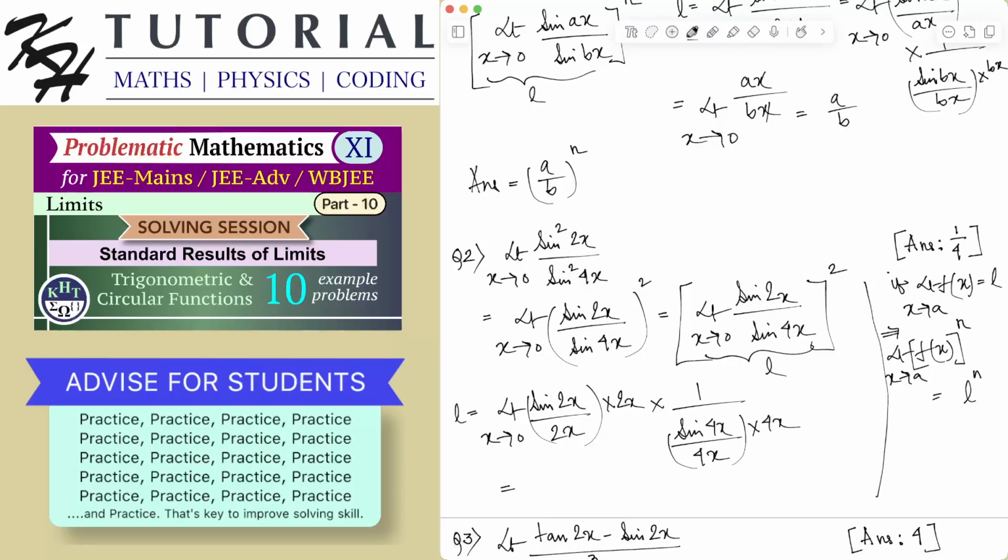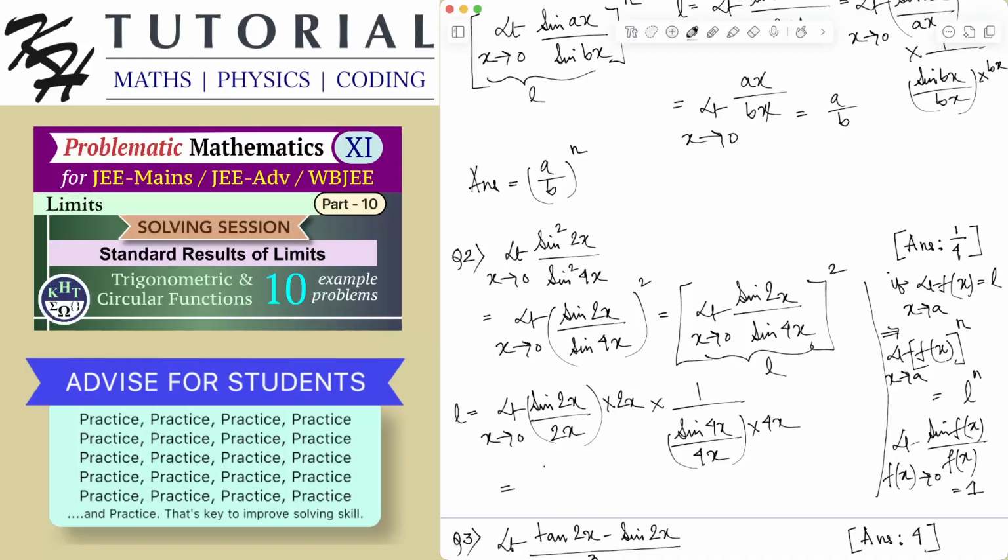So this becomes the limit of sin 2x by 2x when x tends to 0, which is 1, and also the limit of sin 4x by 4x when x tends to 0 is 1. This is based on the concept that the limit when f(x) tends to 0 of sin f(x) by f(x) is equal to 1.